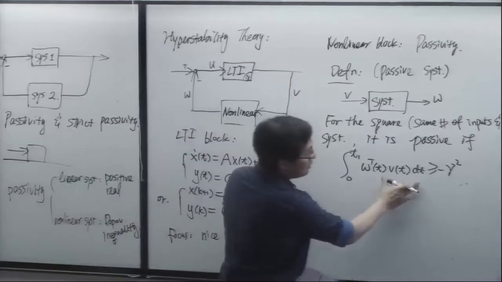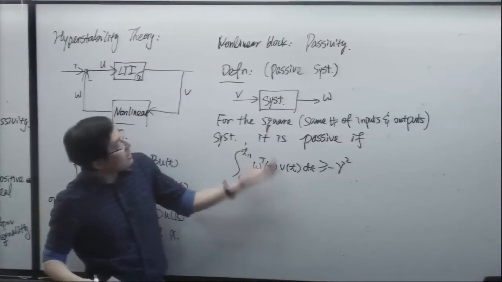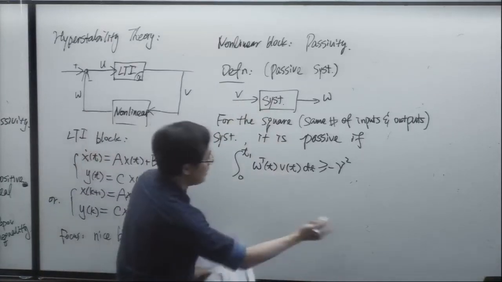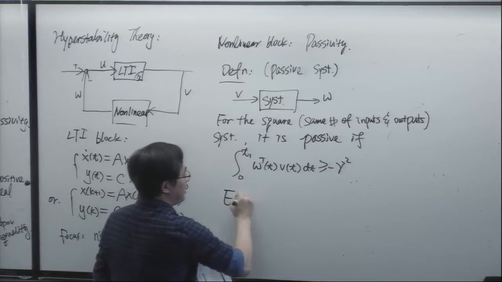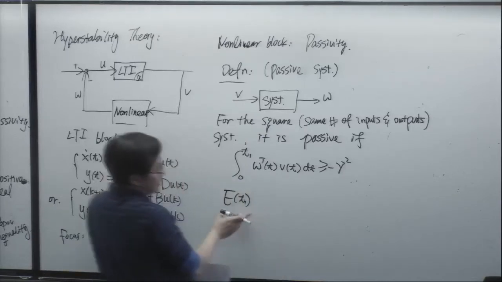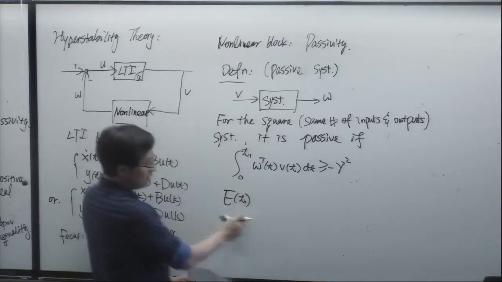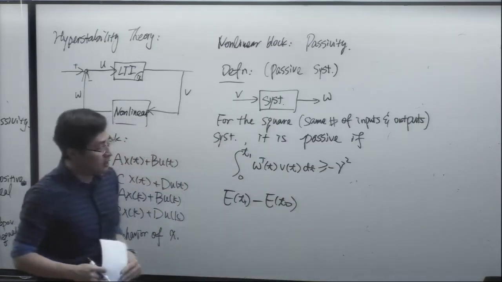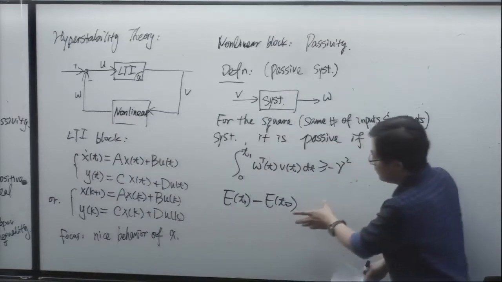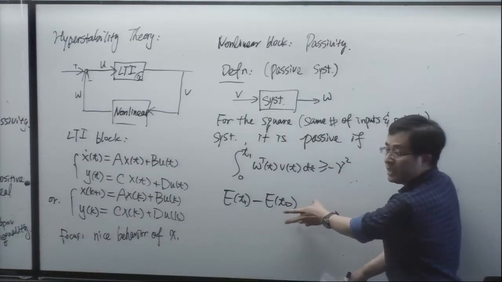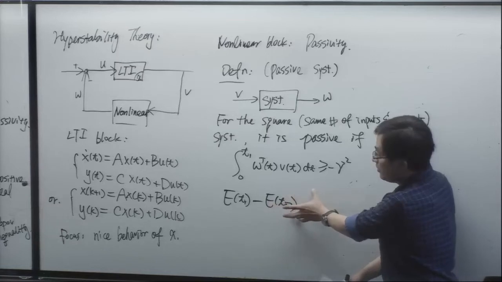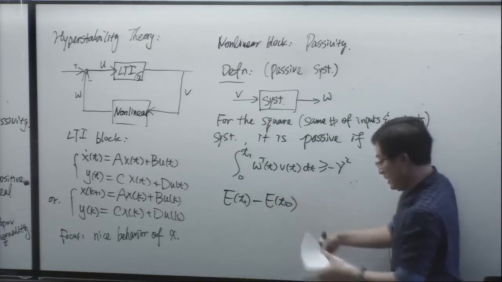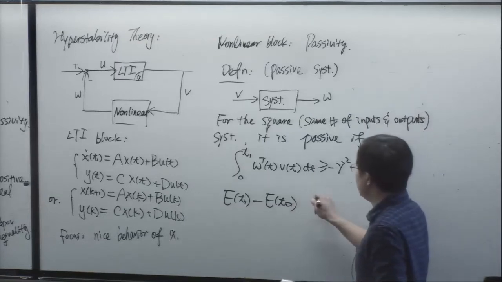So this is in a way saying that the applied work to the system will be lower bounded by some number. All right? So if you think about it, the system has an energy. My energy in the end minus my energy at the beginning wouldn't be crazily large. It will be limited by the amount of work that I apply to the system.